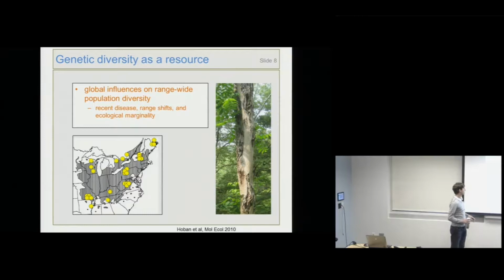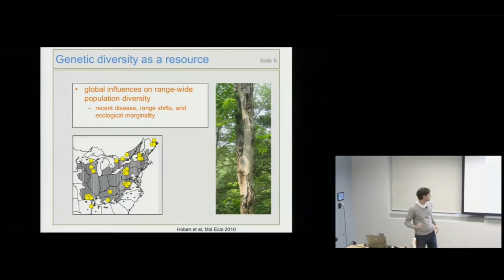But at the same time, we have to consider this ongoing disease process in light of other processes that have also affected the range-wide diversity of this species, one of the most important being that half of the species range from about here northward has been colonized since the last glacial period.